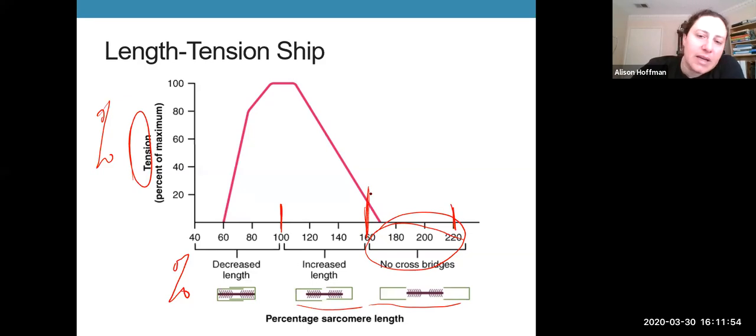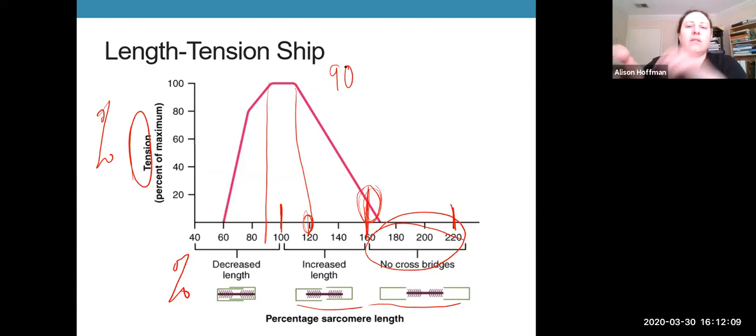So at this point, we can actually generate cross bridges, but not very many. So this is still too stretched out. So we can see that optimum resting length is, again, you don't need to know the numbers, pretty much between 90 and 120% of sarcomere length.